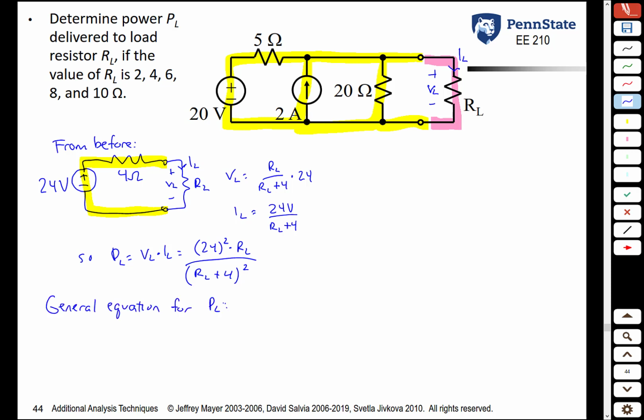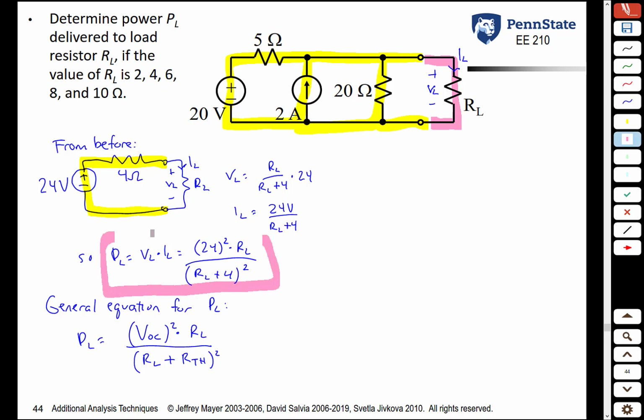In general, the equation we get for the power absorbed by the load is open circuit voltage squared times the load resistance, all over the load resistance plus the Thevenin resistance, squared.